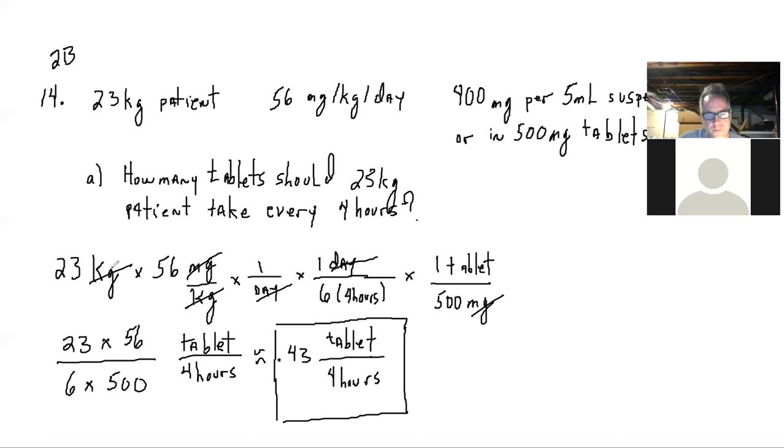And again, the important thing here is to see how kilograms over kilograms, milligrams over milligrams, and again, the days cancel out here, leaving me with that tablet per 4 hours. And then it's just a matter of crunching the numbers.